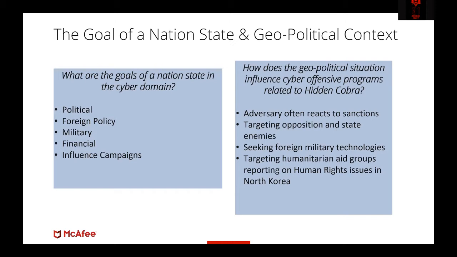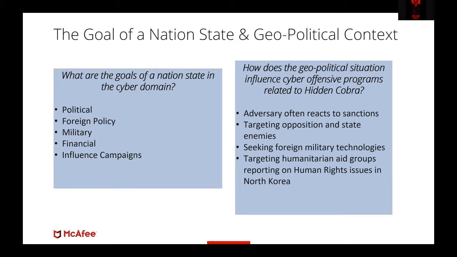So groups that oppose Hidden Cobra or North Korea, or state enemies that would be considered a threat to the ideological perspective of North Korea, would be a target in relation to some of the objectives that they drive. They also seek foreign military technologies, which is something we've seen in the past related to Hidden Cobra.